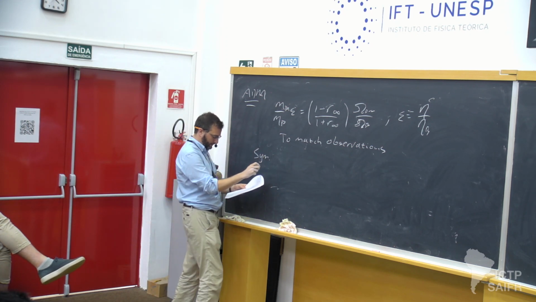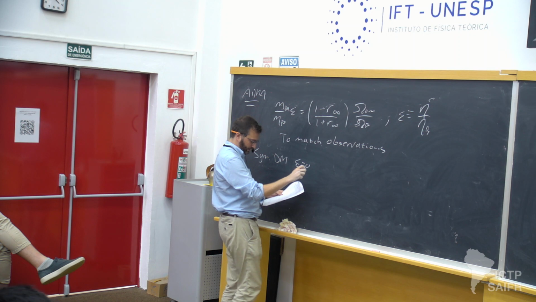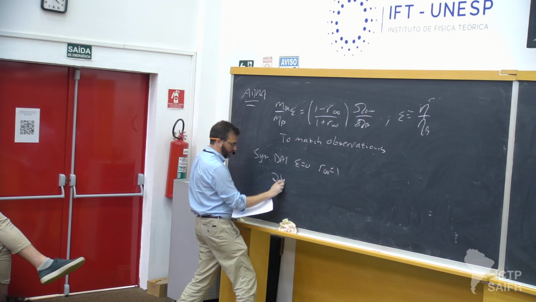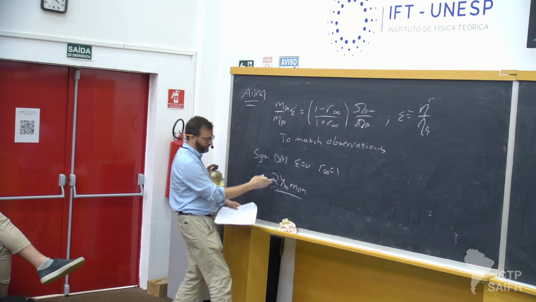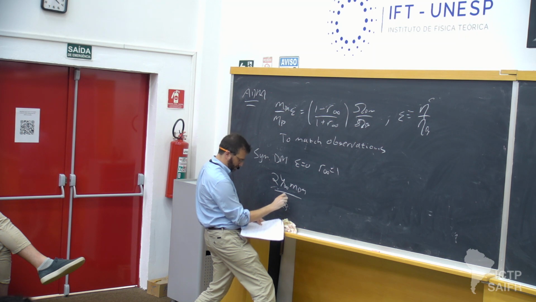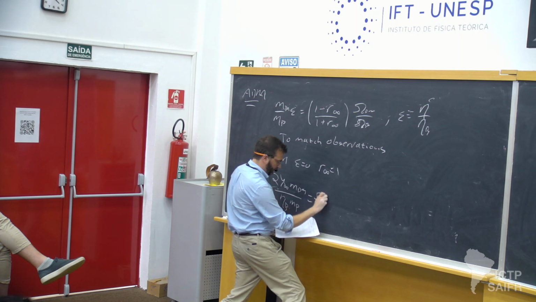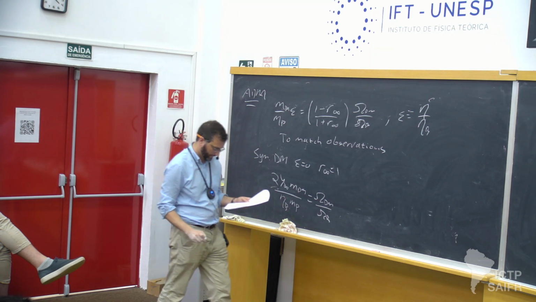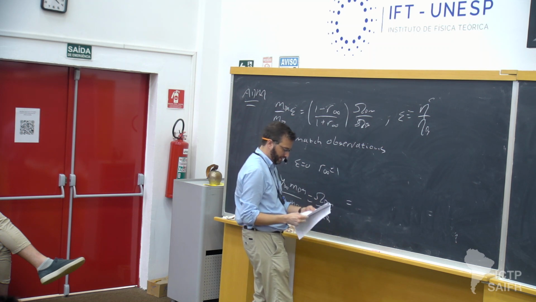For symmetric dark matter, epsilon is 0, R infinity equals 1, and we have 2y infinity M dark matter. The factor of 2 is just because we have x and x bar. Eta B MP is equal to omega dark matter over omega baryons.